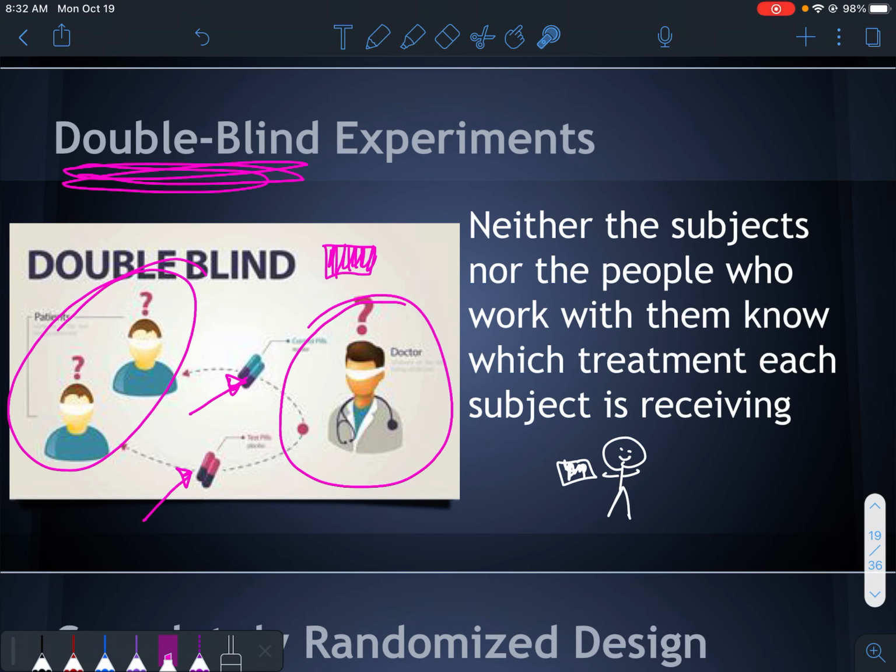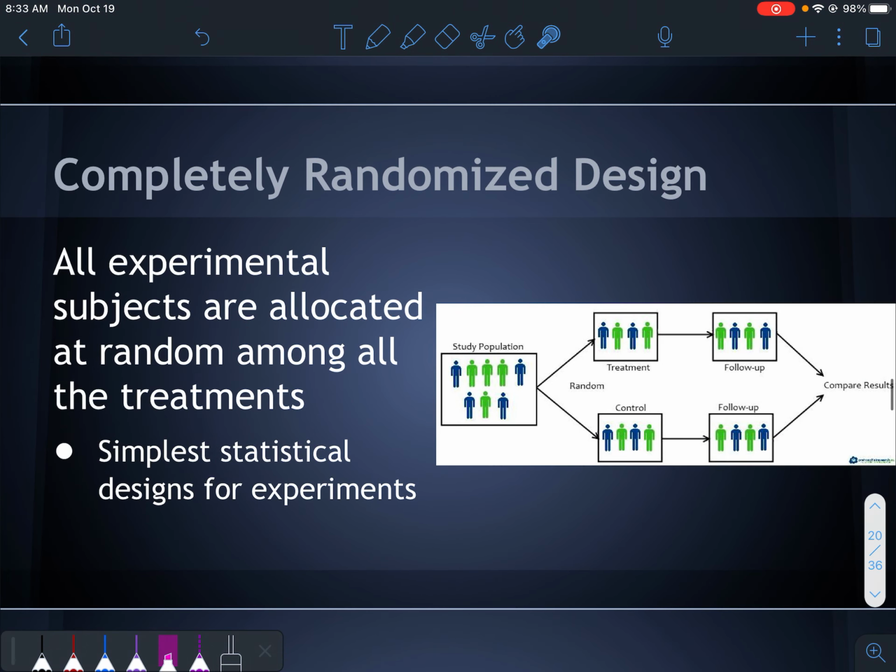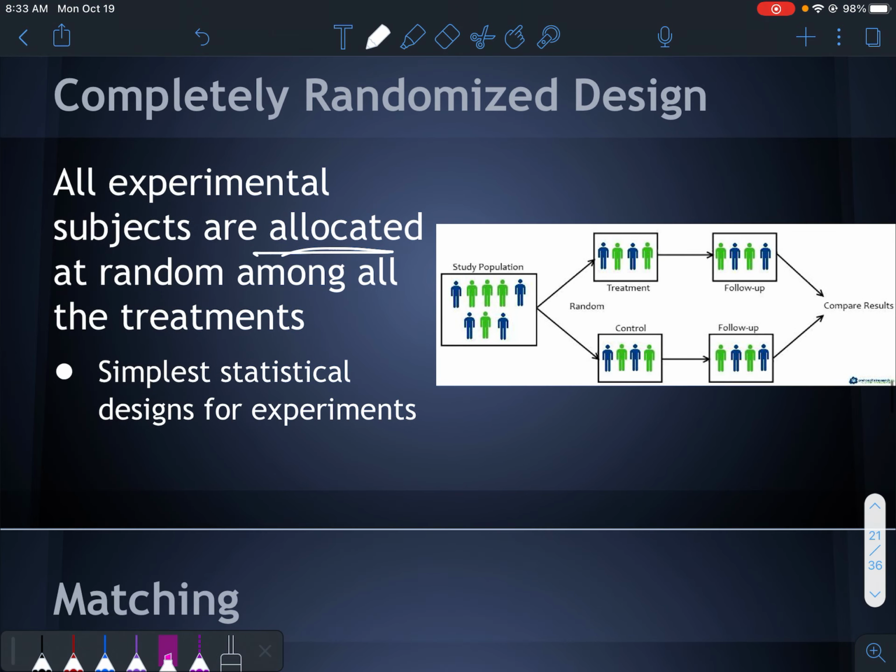They're just given a cup of pills that they give to the patients and they measure their blood pressure, mood, or whatever it is. Completely randomized design. All experimental subjects are allocated at random among the treatments. So the completely randomized design is, so this is kind of one of your logic things.